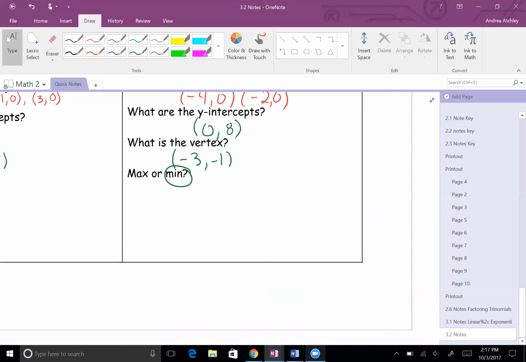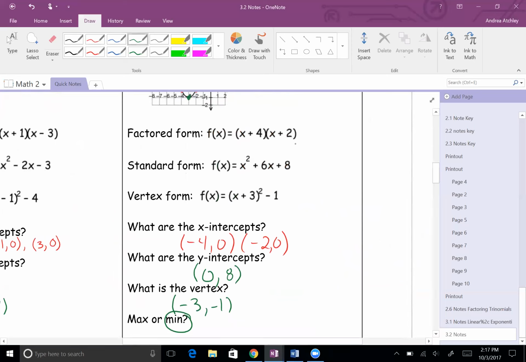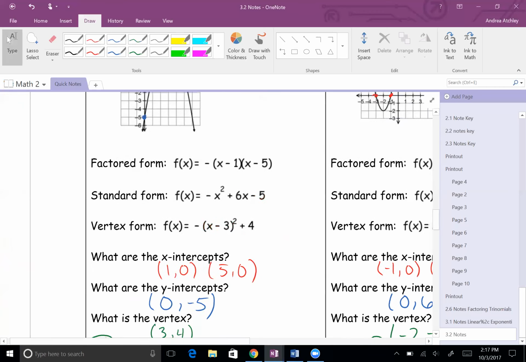Same over here. Factored form was x plus 4, x plus 2. X-intercepts were -4, -2. Is it exactly what's in factored form? How are they different? The signs are the opposite. So that's what we can write down.